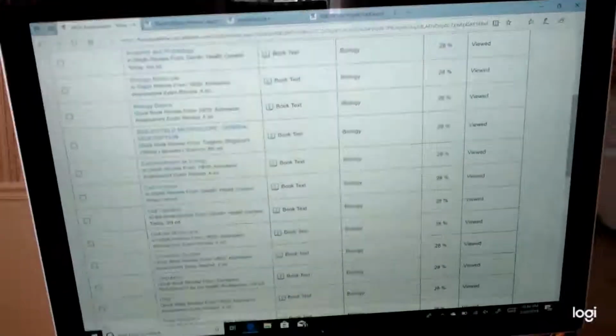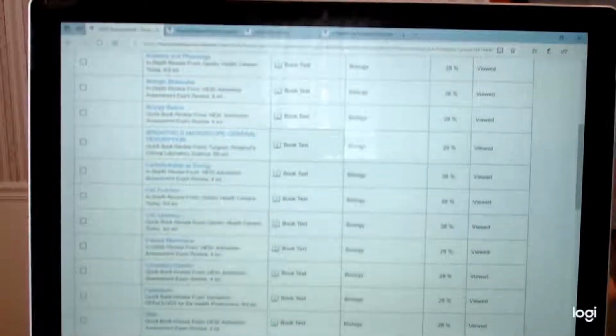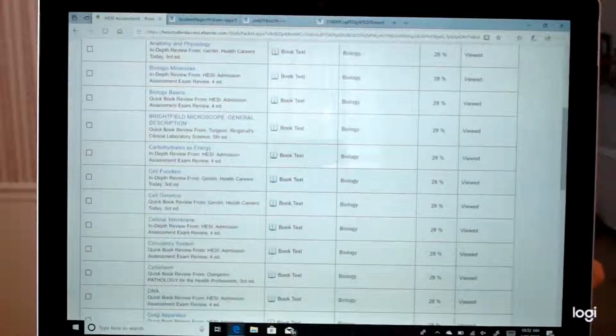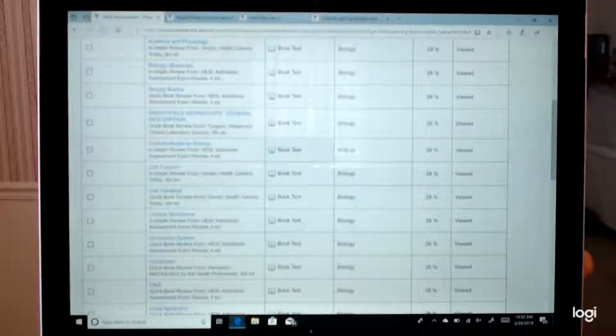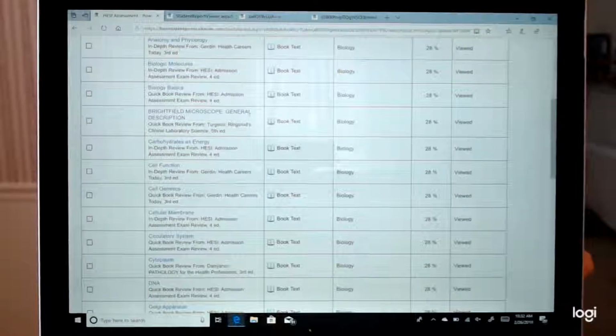Okay, biology. It actually gives me study guides. I don't know why my computer is being really slow. Anyways, if you guys want them, I'll give them to you.